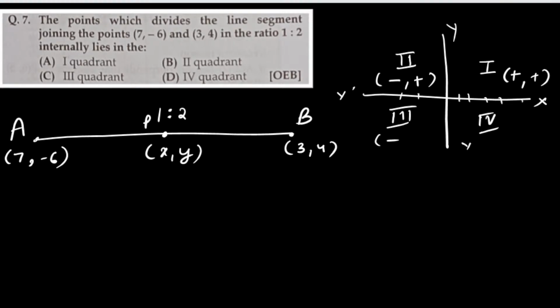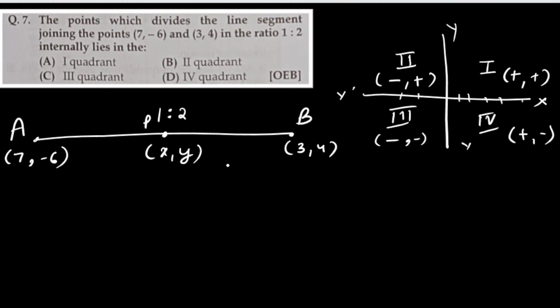In the third quadrant, both x and y are negative, and in the fourth quadrant, x is positive and y is negative. We have done these things already in ninth grade, so this is just a recap so that you can answer this question.